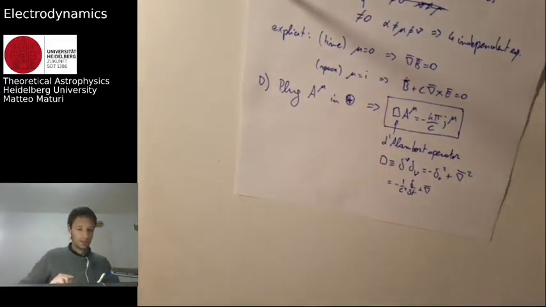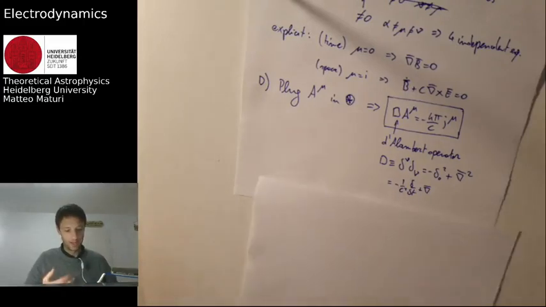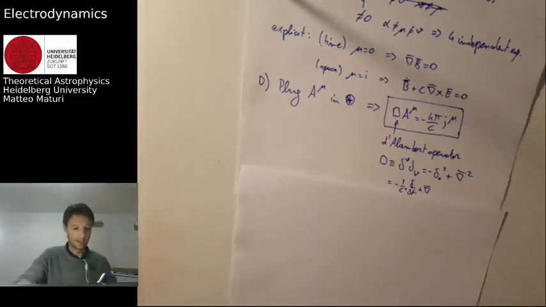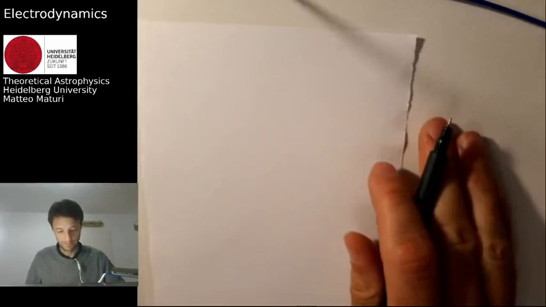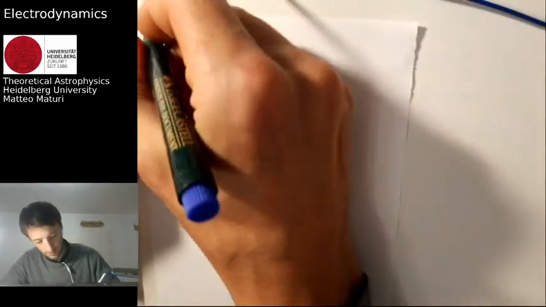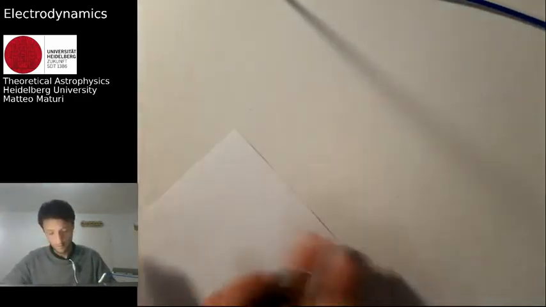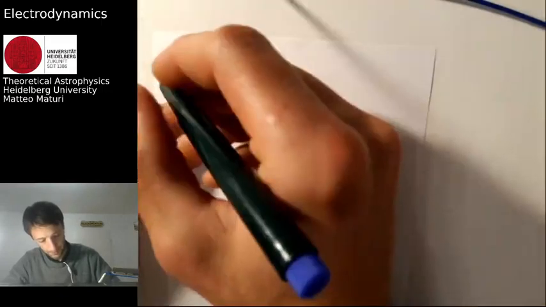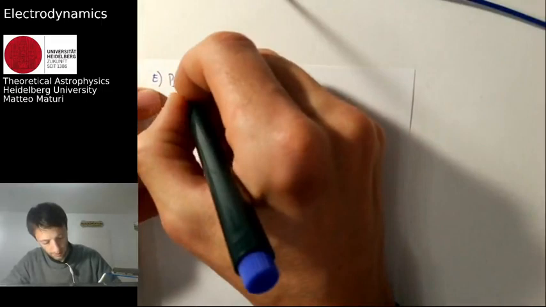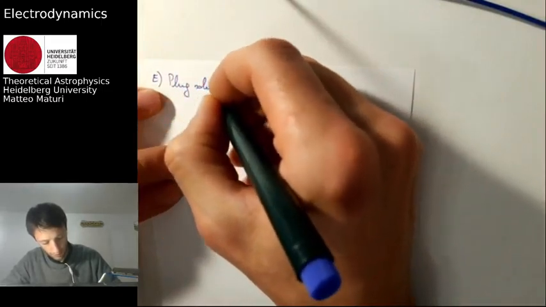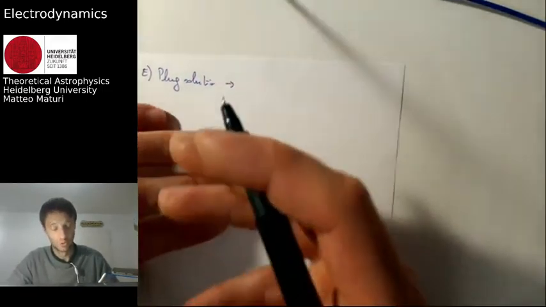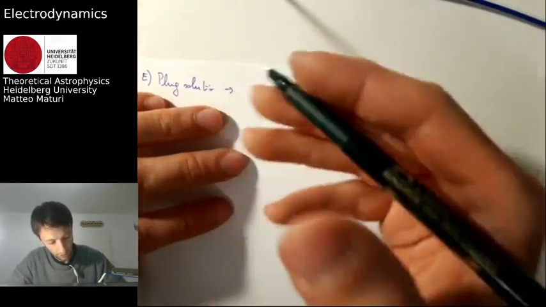Good. Now that we have that, we can start with our ansatz and look for a solution that respects the superposition principle. Step E, we plug in a solution that must allow for the superposition principle.